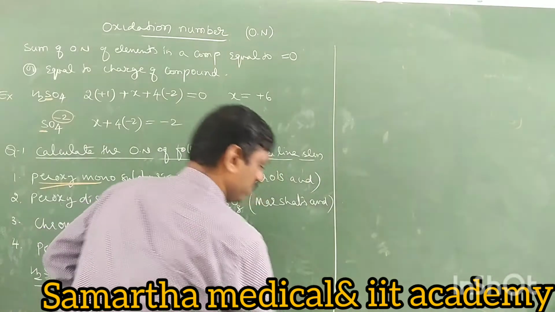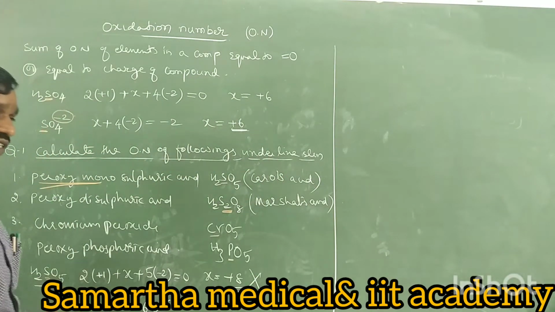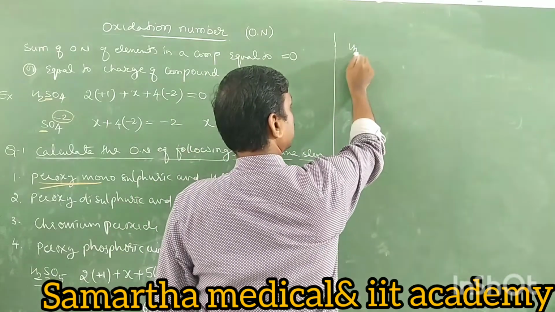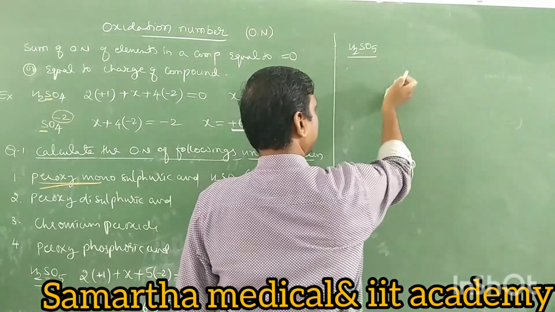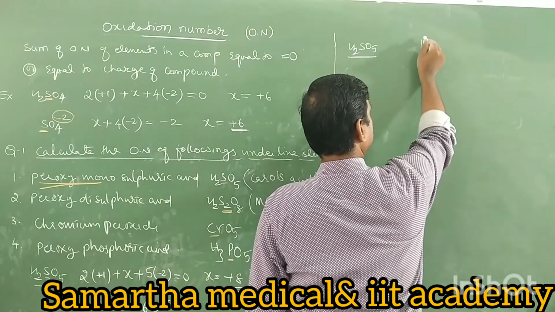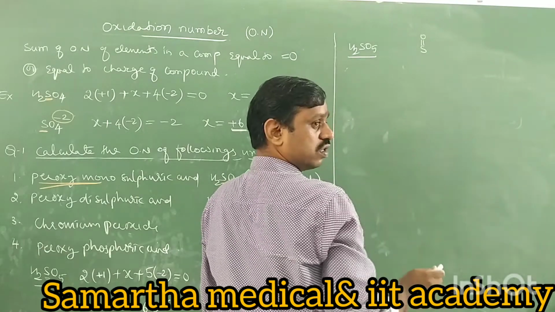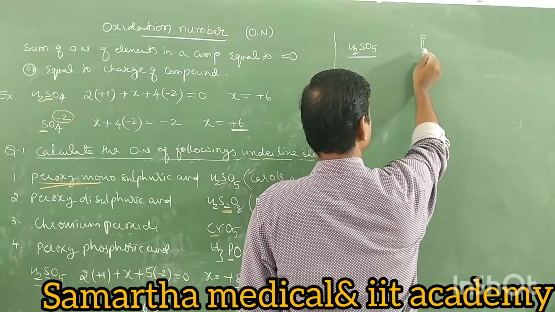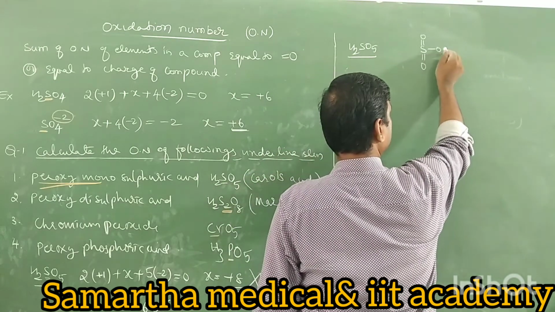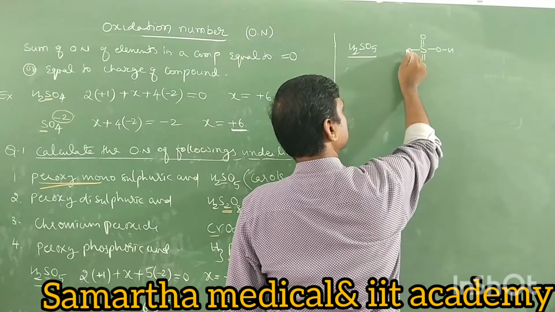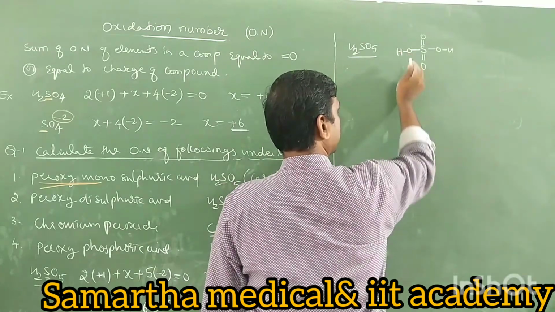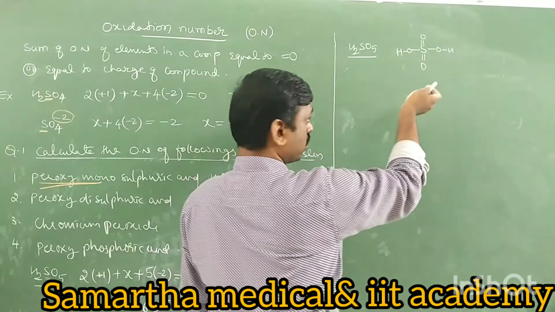Then how do you get this plus 6? That can be calculated only by the structure of H2SO5. Write the structure of peroxysulfuric acid. There is a sulfur bond, oxygen bond here like this, right? You know sulfuric acid, this is the structure of sulfuric acid, but this is peroxy, no?